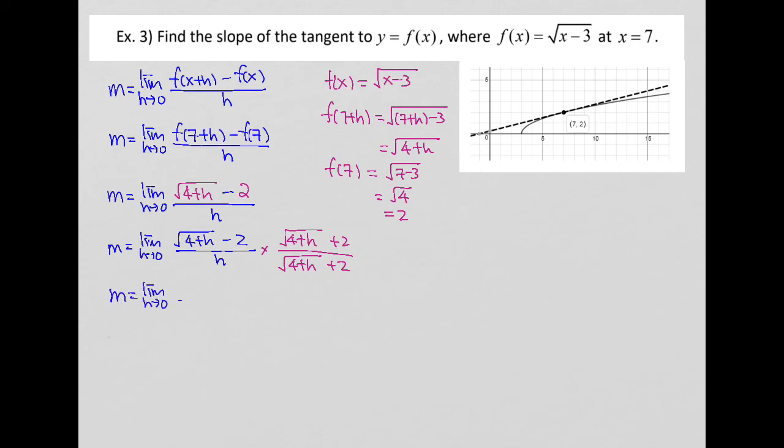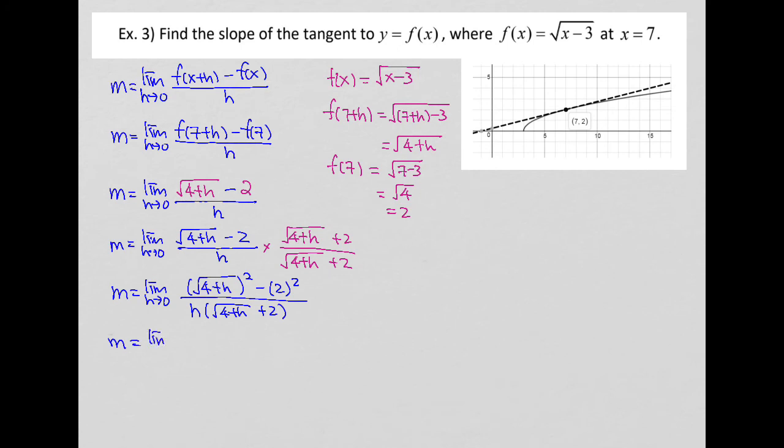But we only expand the numerator where the conjugate is and do not expand the denominator. So the numerator is (a minus b) times (a plus b), which is the difference of squares. So we're going to have the square root of 4 plus h whole thing squared minus 2 squared. And we're going to have 4 plus h minus 4 divided by h times the square root of 4 plus h plus 2.